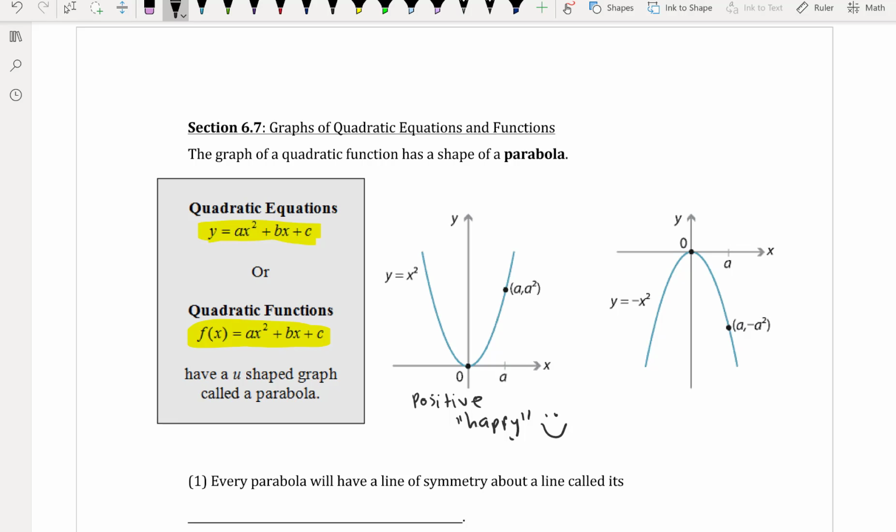And then this other parabola, we can think of as a negative parabola, and it's because it is sad. You can think of this one as frowning. So think of it smiling, positive, happy, and frowning, negative, sad.